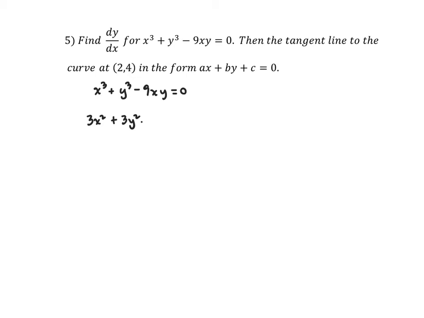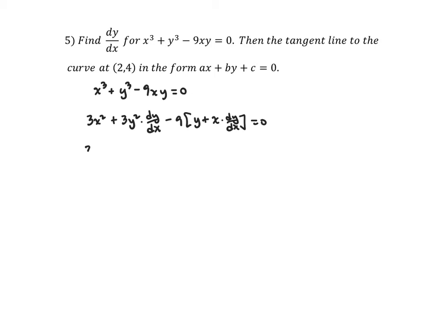Now this problem asks for dy dx, so I'm actually going to utilize that notation, dy dx. And then I'm going to subtract using the product rule, 9 times the derivative of x times y, which is 1 times y, plus x times the derivative of y, which is dy dx. And the derivative of 0 is 0 on the other side.